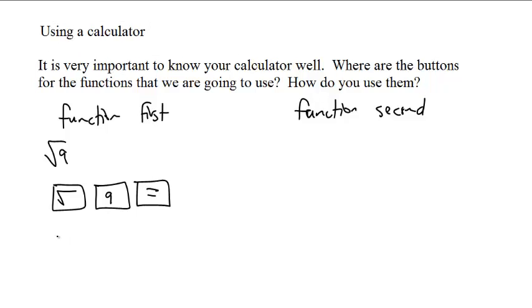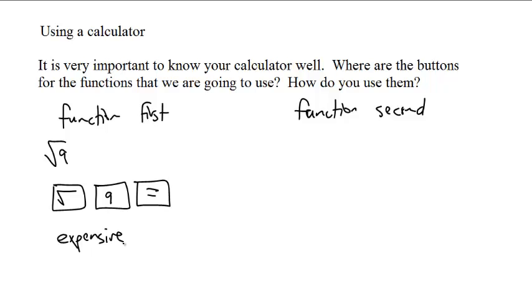These are expensive calculators. This is your $80 graphing calculator. In fact, you might not even have a square root button. You might have to go into menus. You might have to look at options. It might be rather hard. And this is where, if you're going to have one of these expensive calculators, that's fine for you to use, but you need to know how to use it.